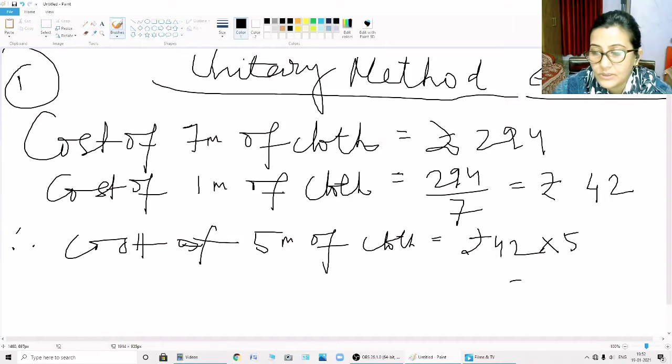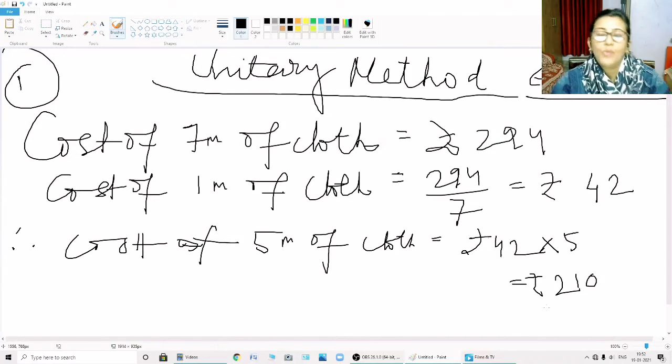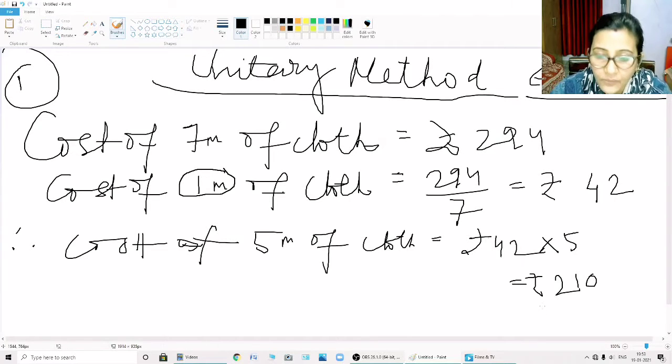So it will be 210. Rupees 210 is the answer. So once you get the value for 1 meter of cloth, then by multiplying with the said quantity, we can easily find out the value for the said quantity. In this way we have to do the unitary method.